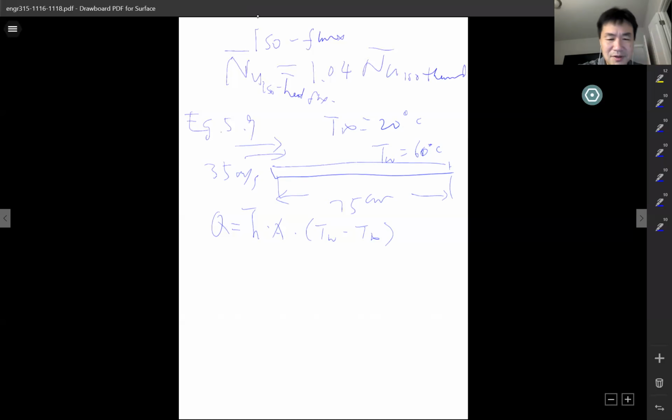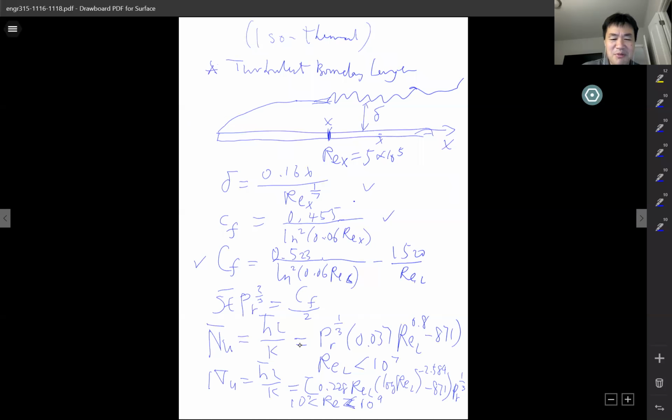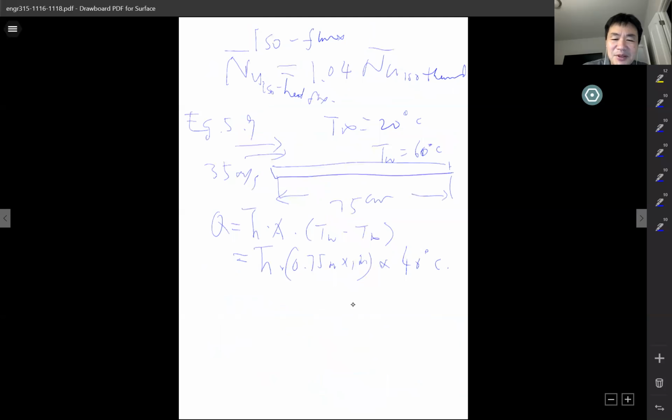The equation from the question is pretty straightforward, so the problem is to find h-bar. The area is 0.75 meter times 1 meter, and the temperature difference is 40 degrees Celsius. So h-bar, what equation can we use? Now you have two equations for the Nusselt number, so which one to use?